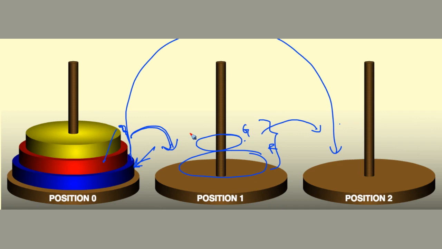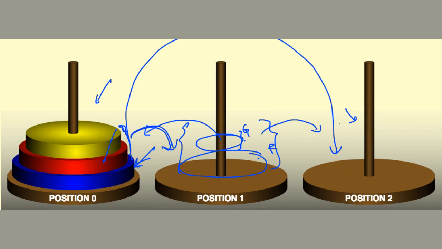Now this is the source tower, this is the destination tower, and this will be the auxiliary tower because that is empty at that point. So we need to move this disk, that's n-1 equals 1, to the auxiliary, and the red will become free. We can move that to the destination, position 2. And in the next move we can bring back the green on the top.